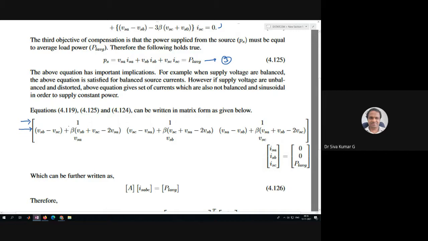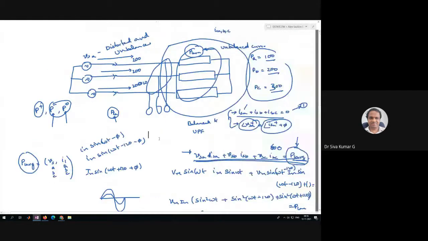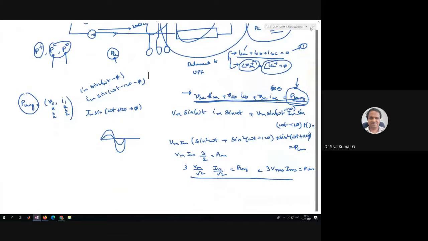The third equation is VSA into ISA plus VSB into ISB plus VSC into ISC equal to PL average. We have just seen this particular equation. How does it equal the PL average? We have seen this. This equation, especially, just a minute.